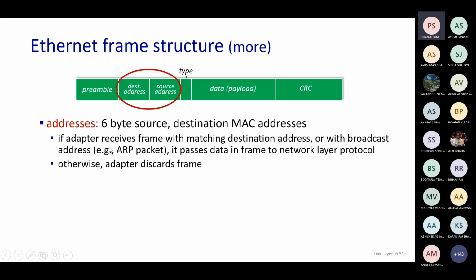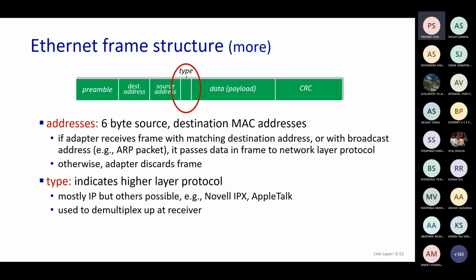If the adapter receives a frame with a matching destination address, or a frame with the broadcast address in the case of an ARP query or ARP packet, then it passes the data in the frame to the corresponding network layer protocol. If these values are not there, and you don't know the destination, there's no point in sending it further, so the adapter will discard the frame.